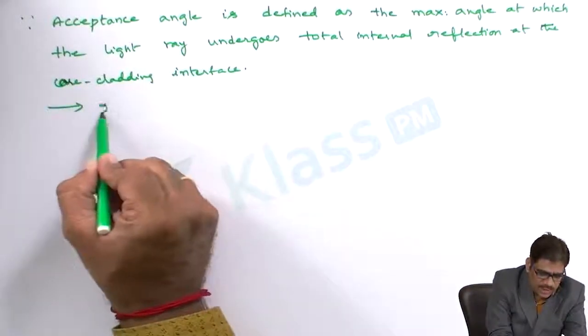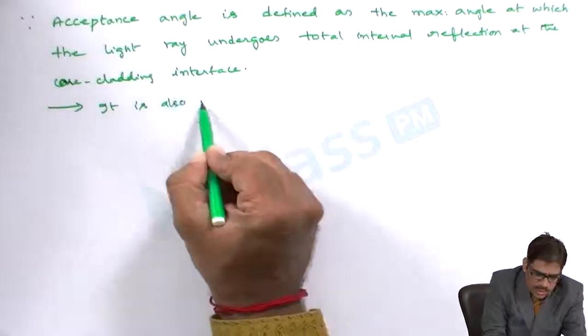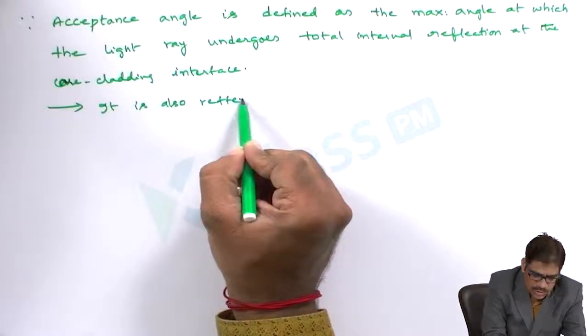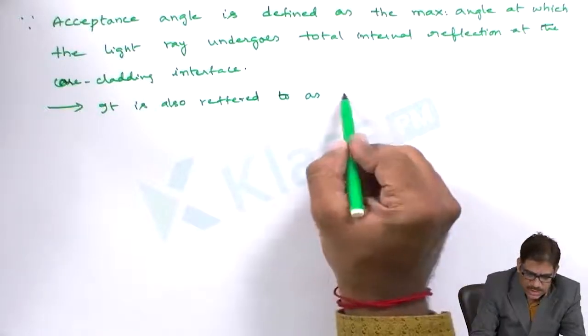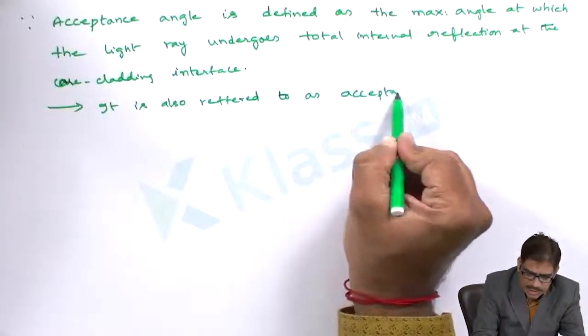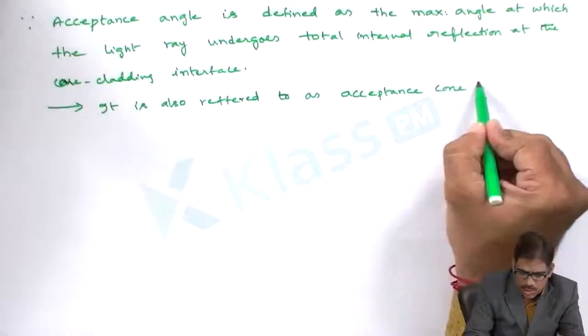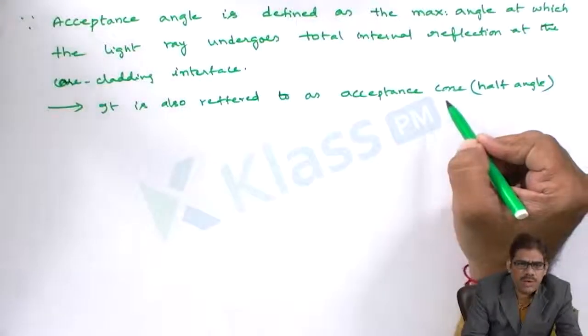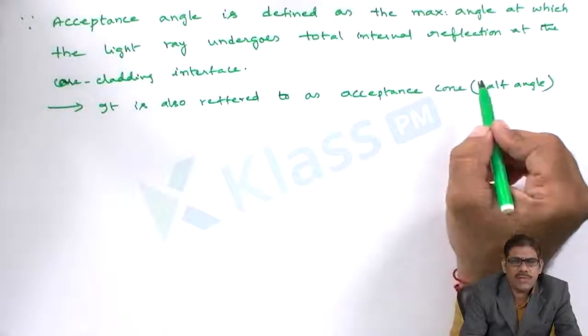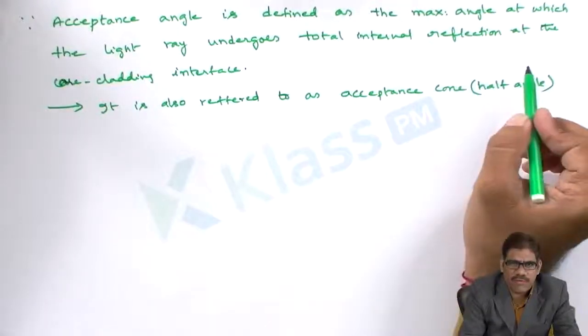Here it is also referred to as the acceptance cone half angle. Half angle means only one part of the light ray is supposed to be falling on the air core interface.